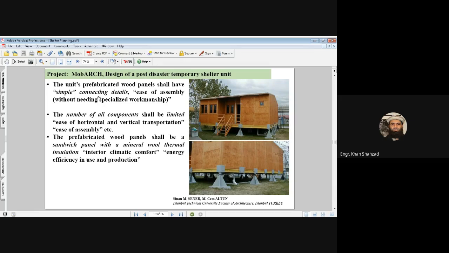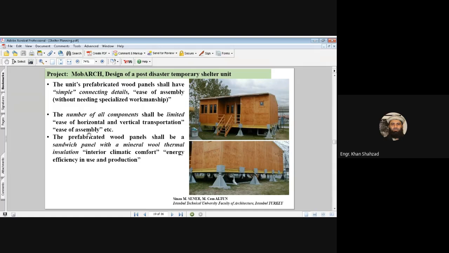Here you can see the units. Prefabricated wood panels shall have simple connecting details. Ease of assembly without needing specialized workmanship, so that everybody can assemble it on site. The number of all components shall be limited. Ease of horizontal and vertical transportation.